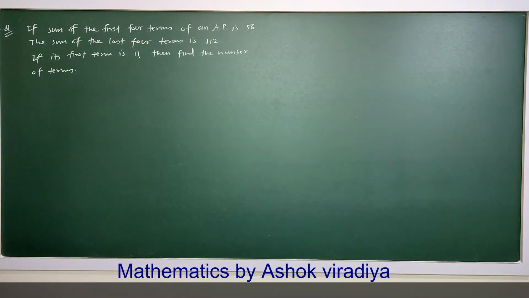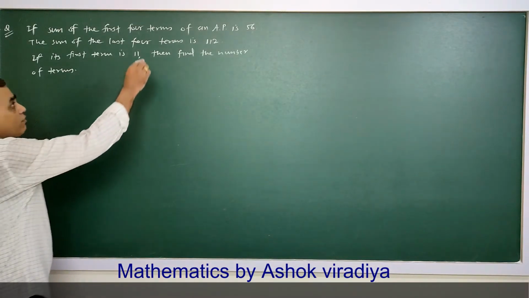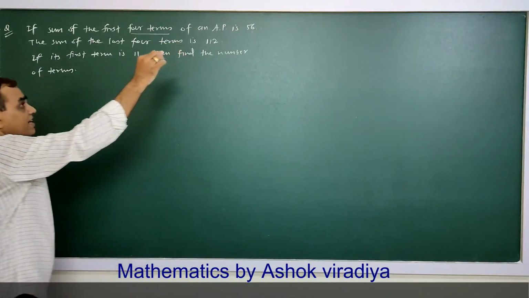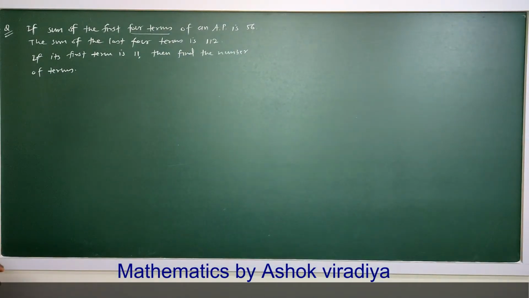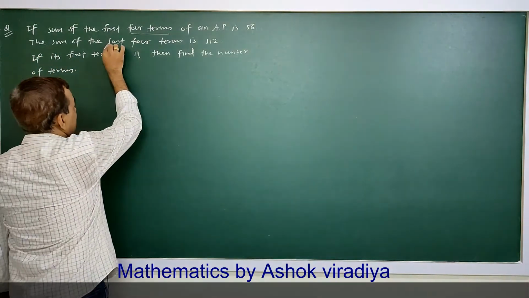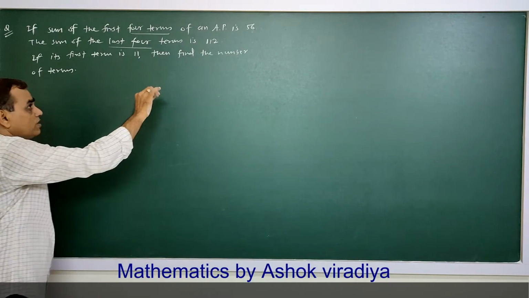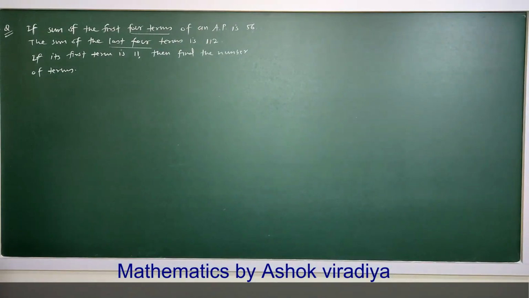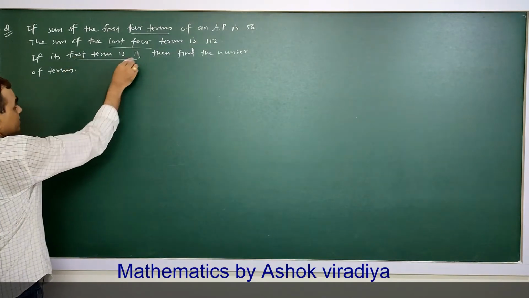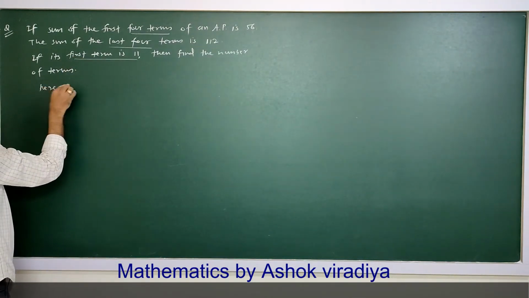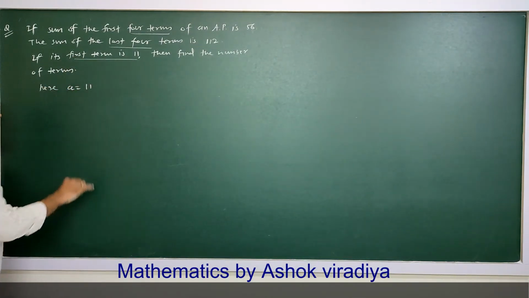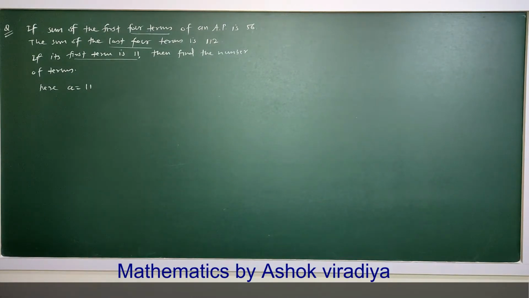If the sum of the first 4 terms of an AP is 56, the sum of the last 4 terms is 112. If its first term is 11, so here the first term is 11, then find the number of terms.